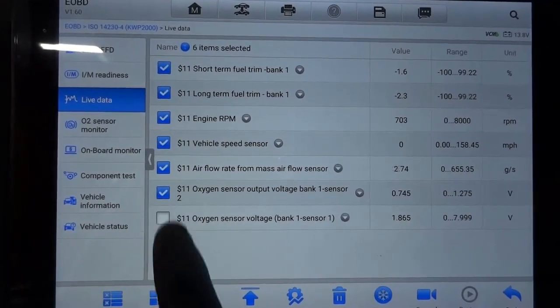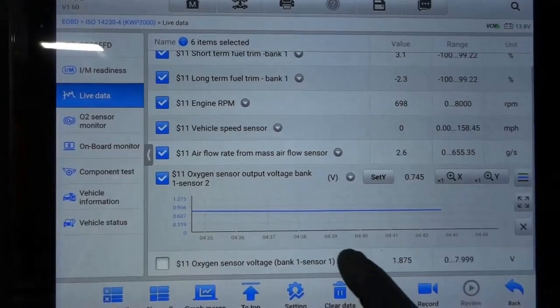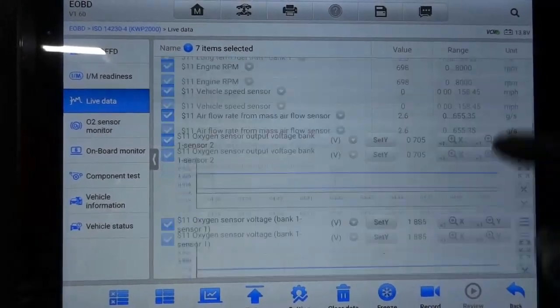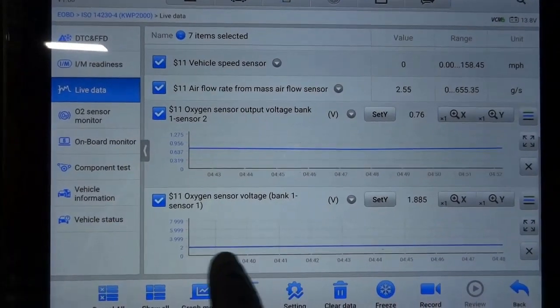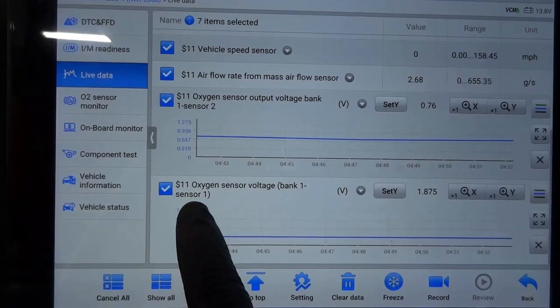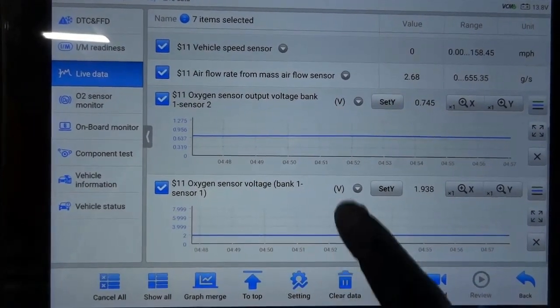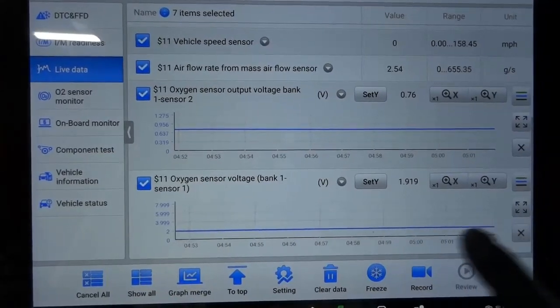Our O2 sensor, let's look at the O2 sensors. Let's graph them. So I don't like how I have a flat line over here on the first O2 sensor. This first O2 sensor should be fluctuating between rich and lean, but over here we have a flat line.